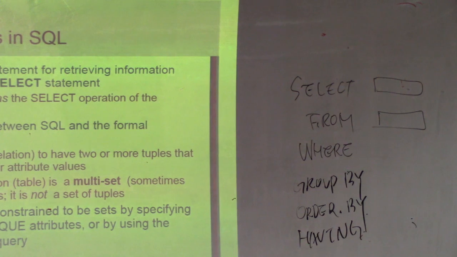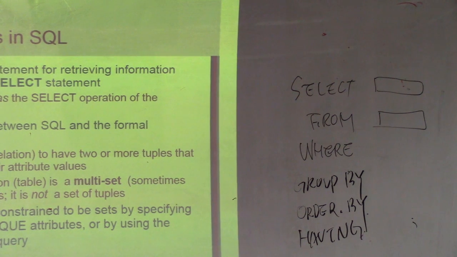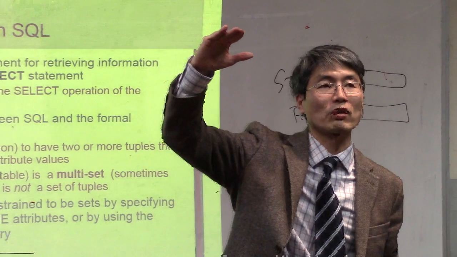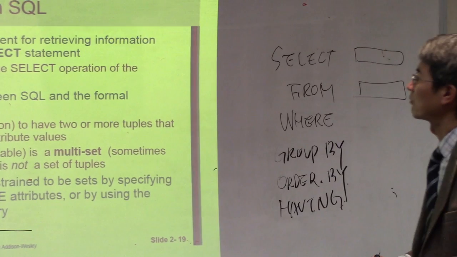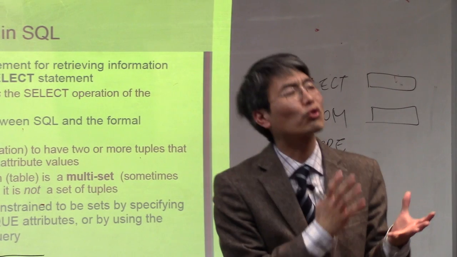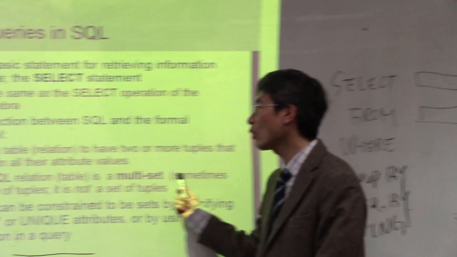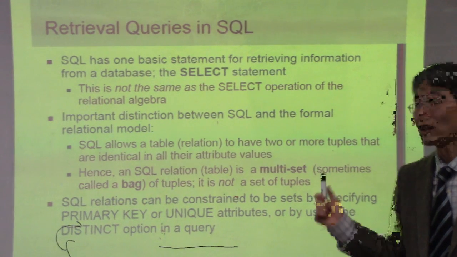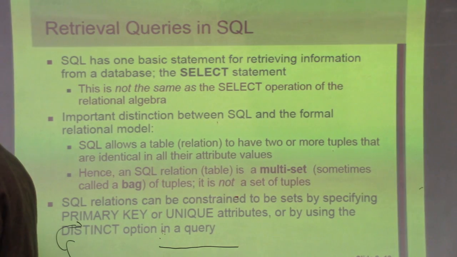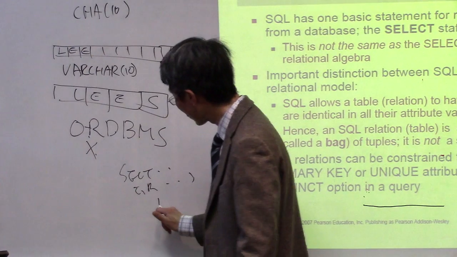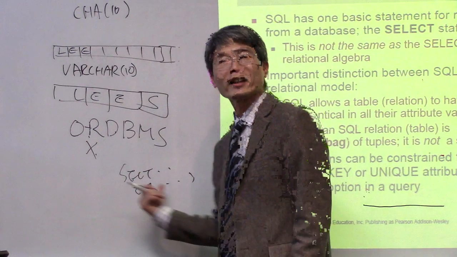The main difference between SQL and relational algebra is that relational algebra is based on the set, which means it doesn't allow duplicate data. However, SQL allows duplicate data, which means that if the output of select something from is 111, it will return 111 as it is.